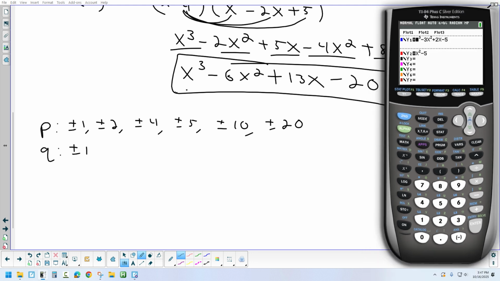So we've got x cubed minus 6x squared plus 13x minus 20. Okay, so let's set our window from -20 to 20, and hopefully it crosses at one of the numbers that's in that list.